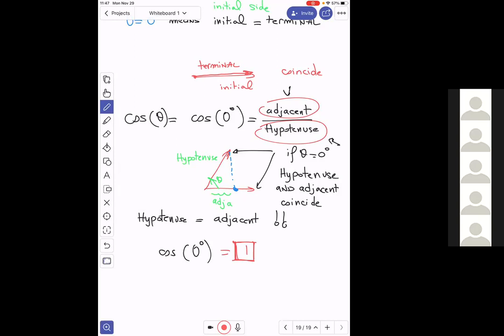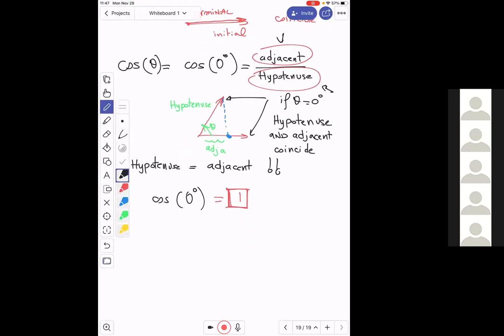Now, for the sine, what will be the sine in this case? So let me remind you the definition: sine of theta, our theta is 0, so sine of 0 degrees.